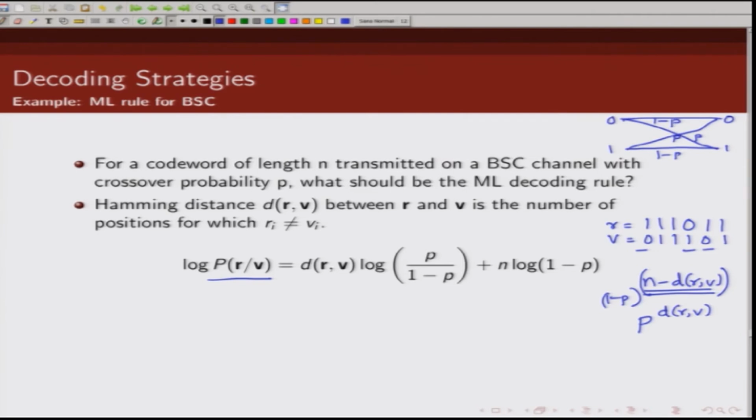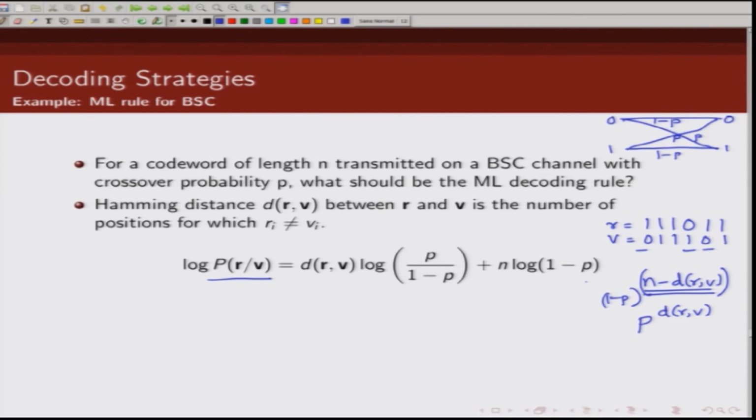Now, if we take log on both sides, this becomes n minus d times log of 1 minus p plus d times log of p. Now, we take the terms containing d(R,V) out. So, what we get is d(R,V) times log of p by 1 minus p plus n times log of 1 minus p.